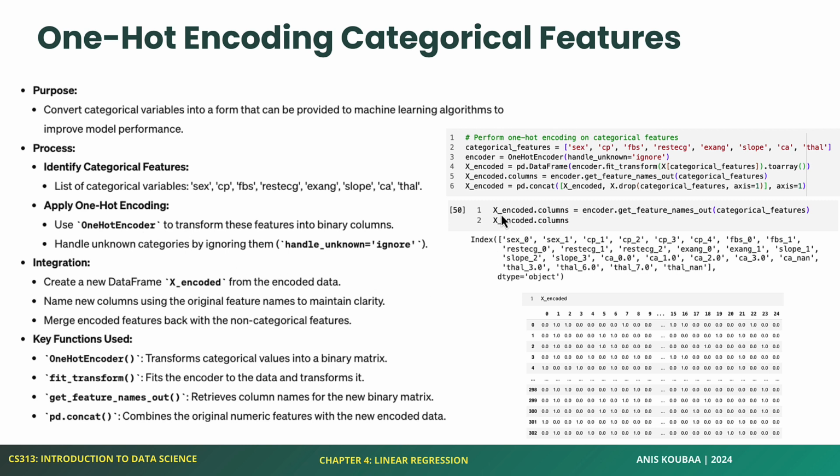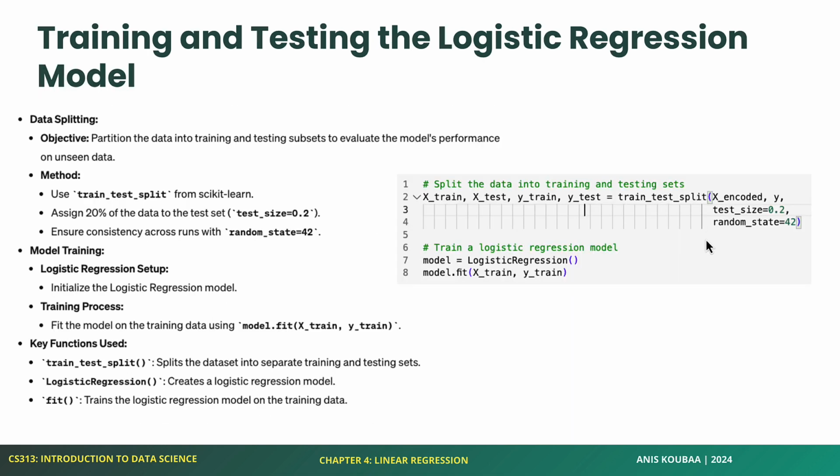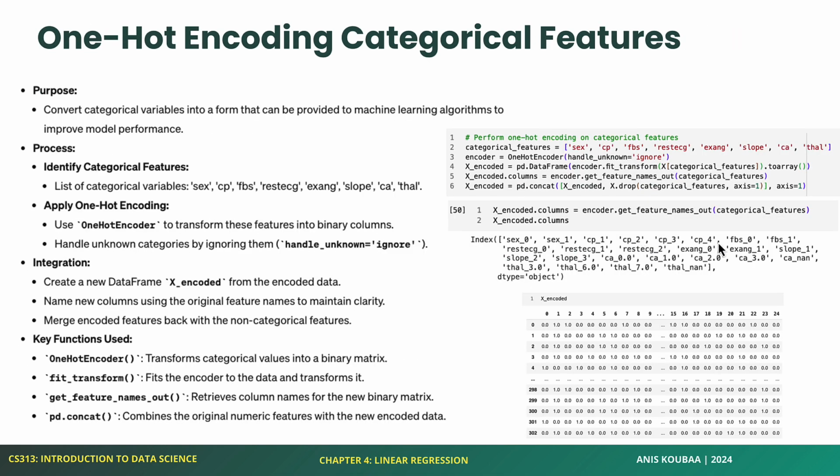Now look, here we apply the encoder, creating an X encoded pandas DataFrame. We apply the encoder to all categorical features, and get feature names output applied on the categorical features. Look, we find the two genders, 4 values for the second feature, 2 values for the third feature, 3 values for the fourth feature, and so on.